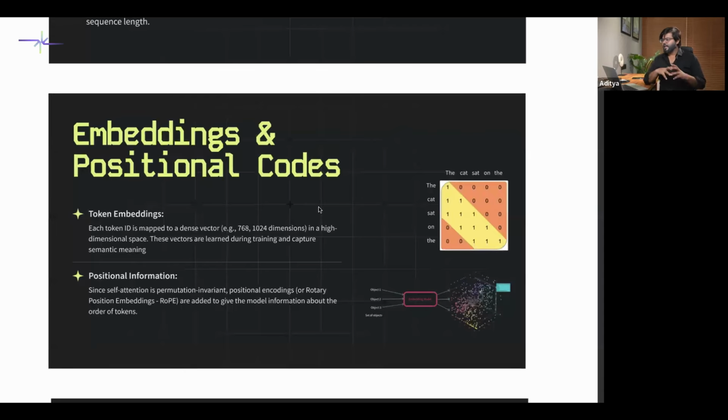Take a look at the dimension and then the output 1 2 3 and the corresponding outcome here. Don't get into the detail, but I'll give you a little sneak peek: there is a concept of rotary positional embedding, and these are basically sinusoidal positional codes added to the token embeddings.